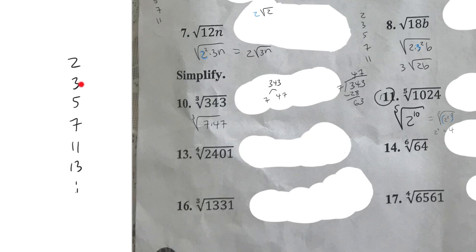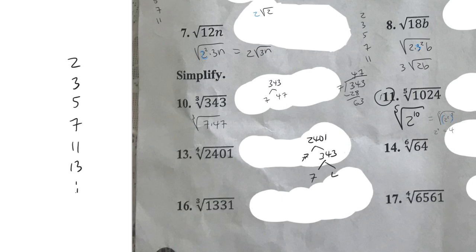Is it divisible by 3? No. Is it divisible by 5? No. Is it divisible by 7? Well, actually, I think it turns out that it is. So 2,401 is divisible by 7 because 7 times 343 happens to be 2,401. 343 is also divisible by 7.